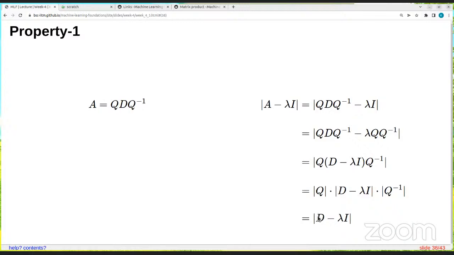There is some use after all in a matrix being diagonalizable, because whatever eigenvalues the corresponding diagonal matrix has, this matrix is going to have the same eigenvalues. Okay, so this is one property.